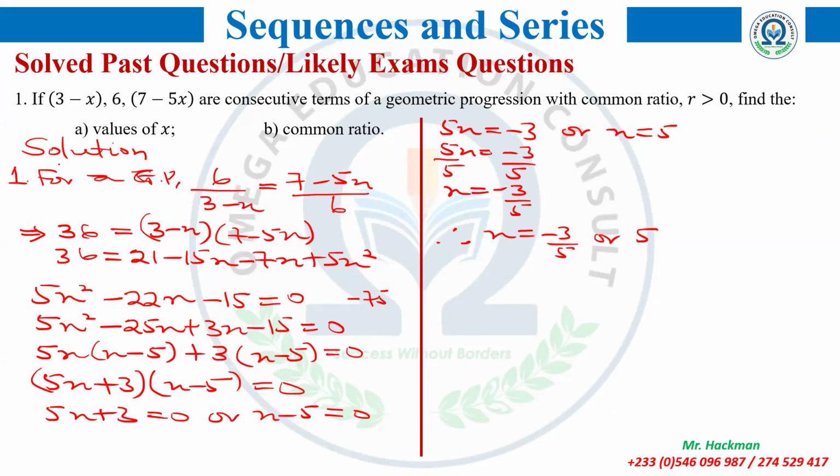So we should have written giving whatever that we have there before we come to A. So A is supposed to be here. What we are doing here is geared towards solving A, but it should have been 1. Then you write giving, then you extract your sequence: 3 minus x, 6, then 7 minus 5x. Is that okay?